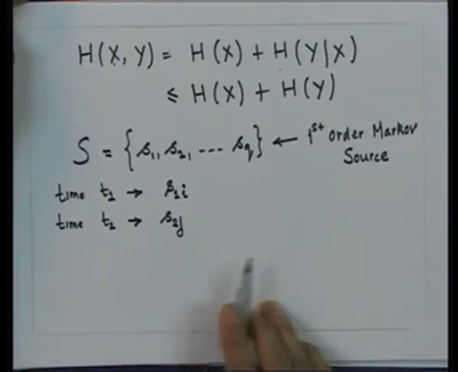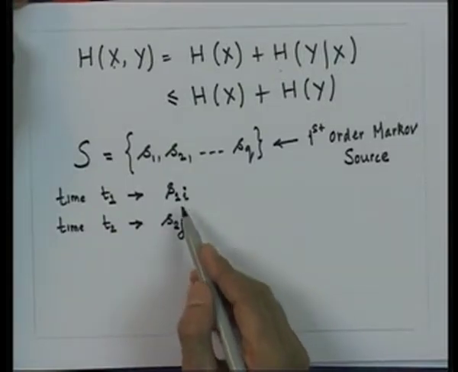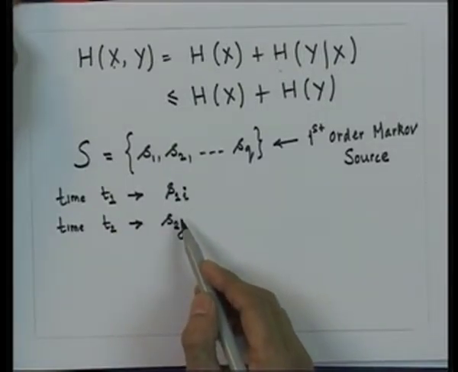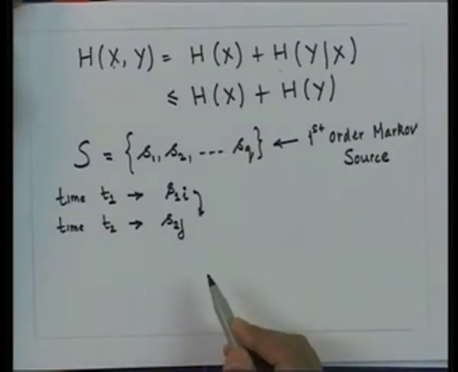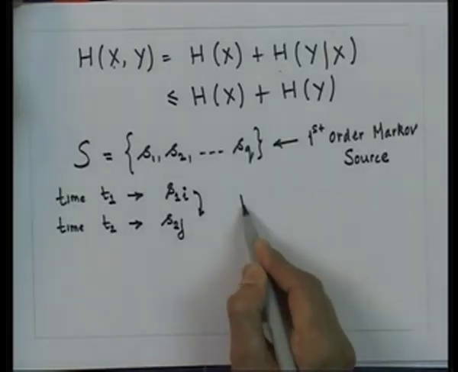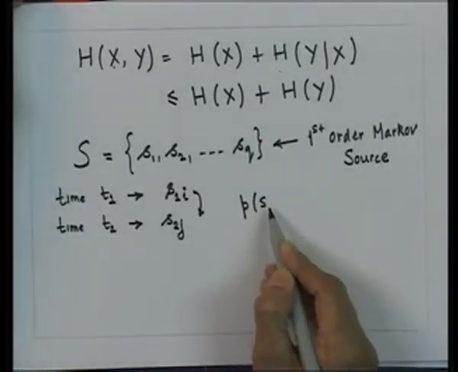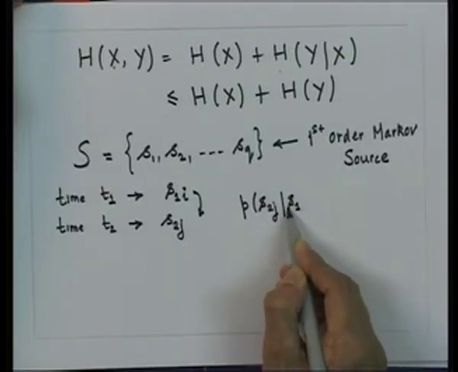Now, if I were to find out what is the information which I gain when I transit from S1I to S2J, then to find out that information I will require the conditional probabilities of S2J given S1I.